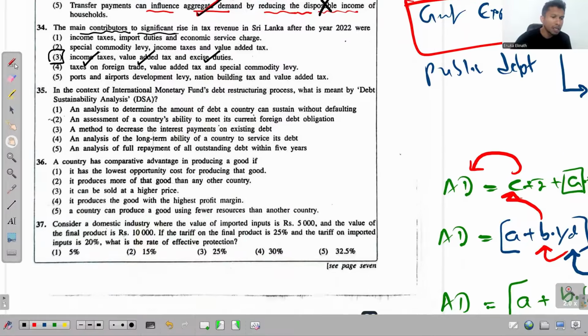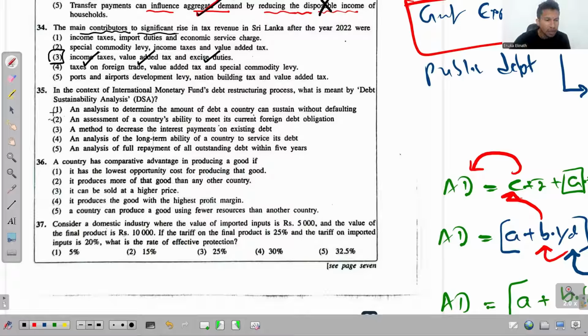Right, look at this question 35. In the context of the International Monetary Fund's debt restructuring process, what is meant by debt sustainability analysis? So the meaning of this term, debt sustainability analysis, is simply an analysis done to evaluate the total amount of debt that a country can bear without defaulting on the loans.